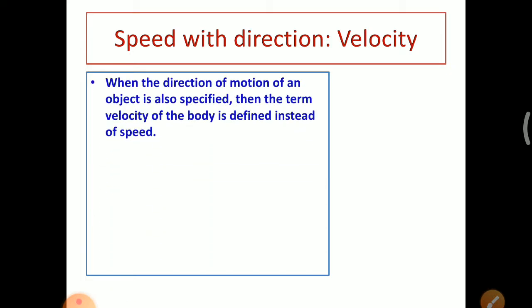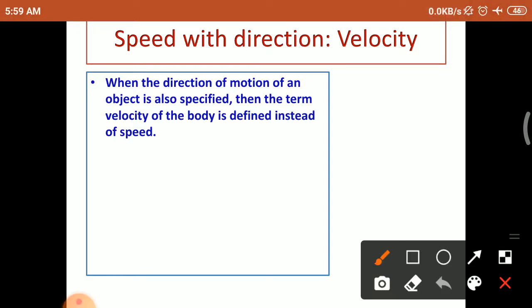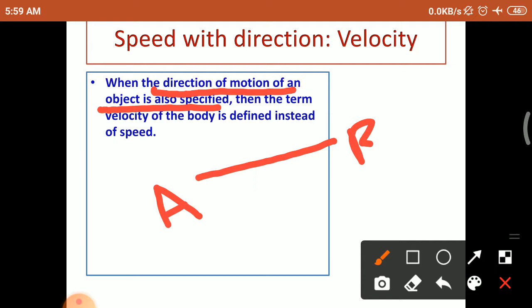When the direction of motion of an object is also specified, then the term velocity of the body is defined instead of speed. Are you understanding? For example, the object travels A to B in the east direction, then B to C in the south direction.